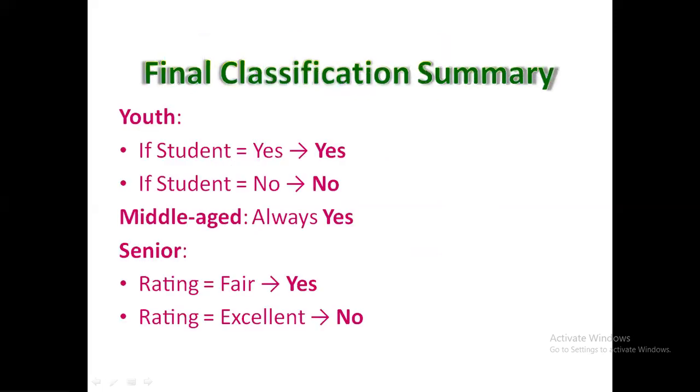So the final classification summary: youth, if the student is yes, yes; student is no, no. Middle-aged always yes. Seniors with fair rating means yes; excellent rating means no. This is what we have discussed.